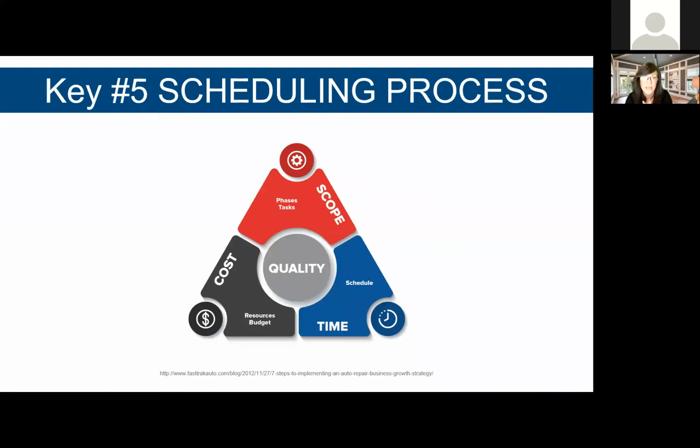And the scheduling process should be documented. It should be consistent across teams and groups in your organization. And it should be followed, right? So a process is useless if you put it out there and nobody uses it, if your people decide they're going to create their own spreadsheets or use other systems.